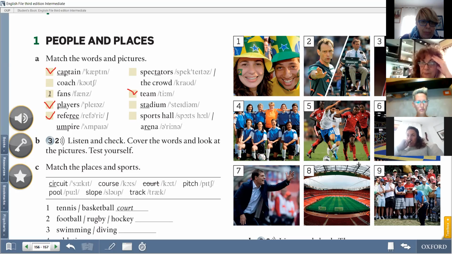What about sports hall, arena? It is sports hall or arena when it's indoor. When it's indoor, we can call it an arena or a sports hall. Remember that these are just some of the words, not all the words, and they are taken especially from British English.